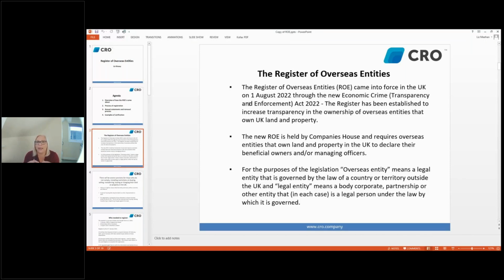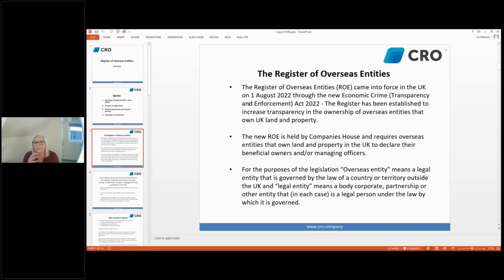Now, it's very much the Land Registry that holds this information, and they knew that out of all the owners of land and property in the UK, over 30,000 were overseas entities. Now, they shared that information with Companies House, who were best placed to be able to provide the register, as they already provided similar registers for UK companies as well.